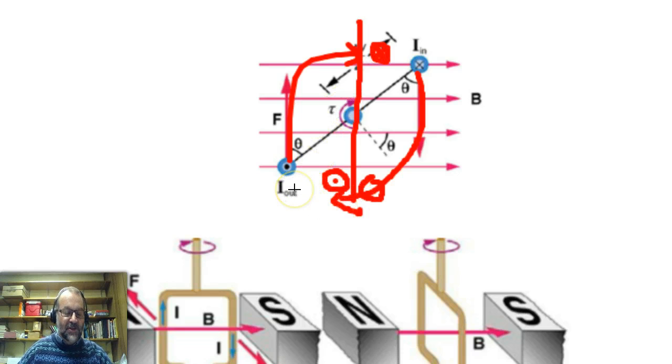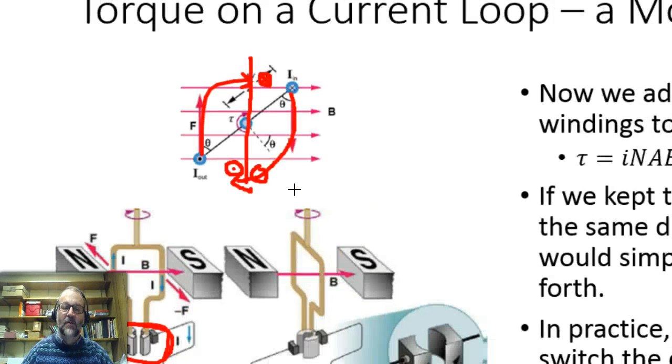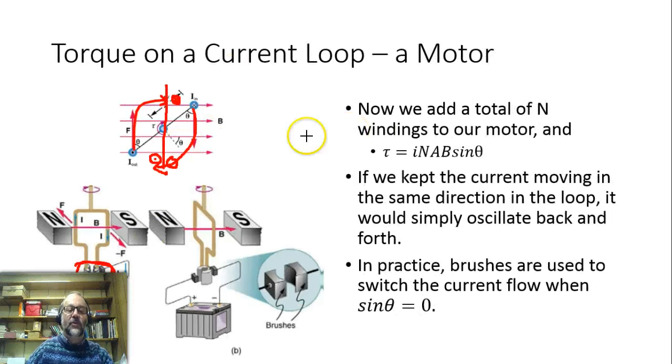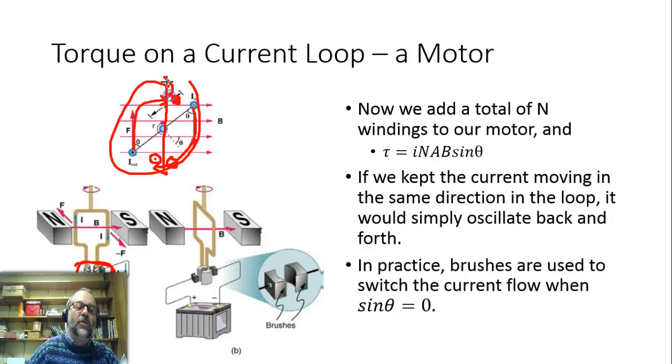So the brushes allow us to change the direction of current flow. And by changing the direction of the current flow, we keep this motor rotating in the same direction all the time.